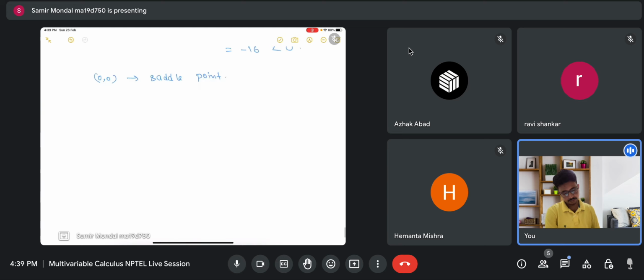Now go to the point 1, 1. Please tell me what is the Hessian.